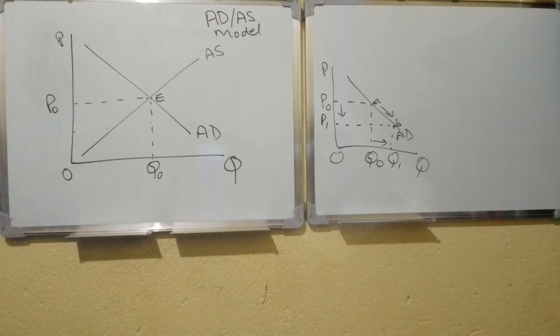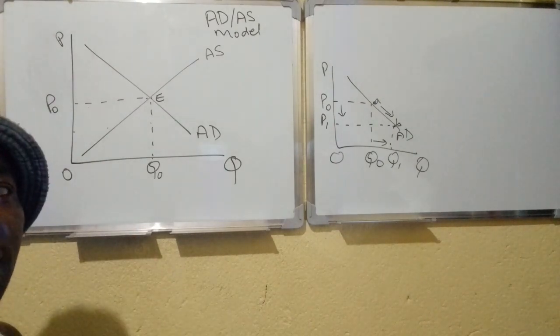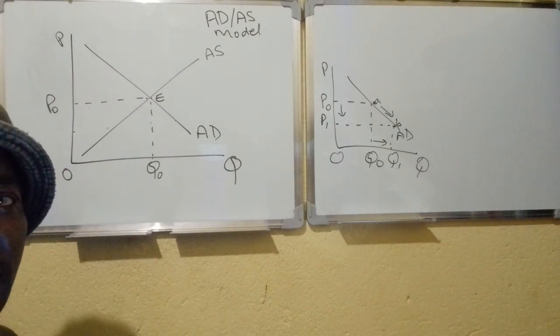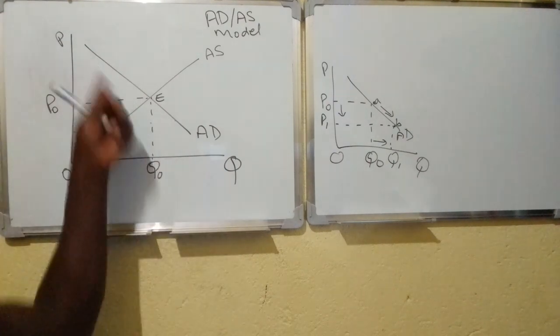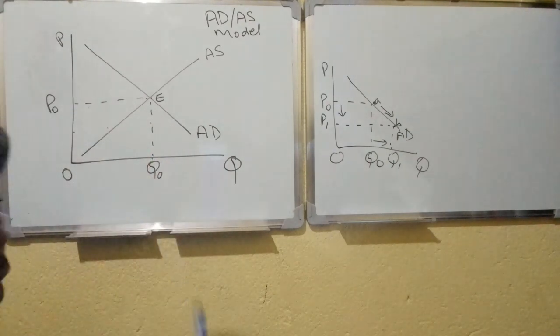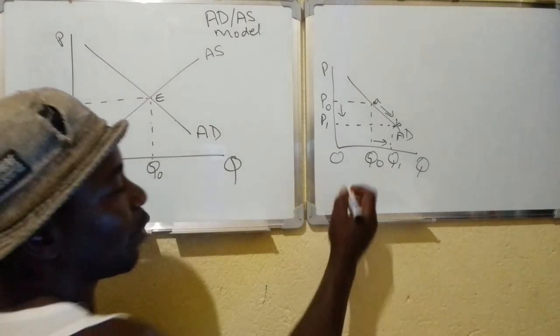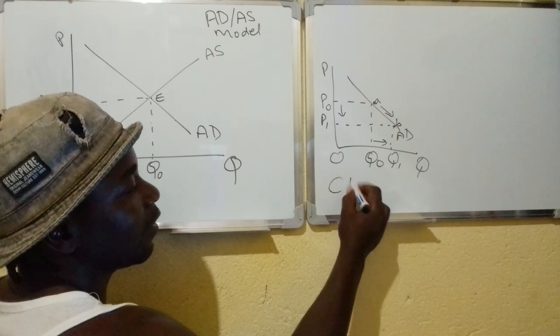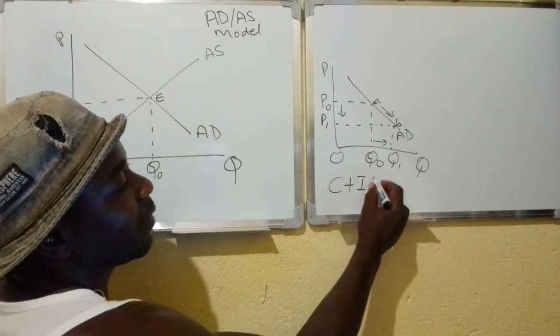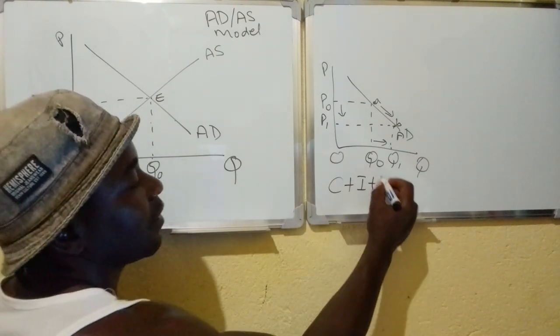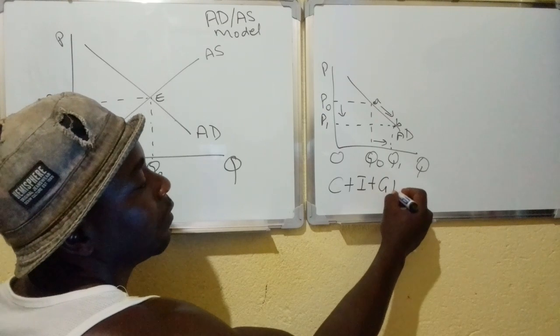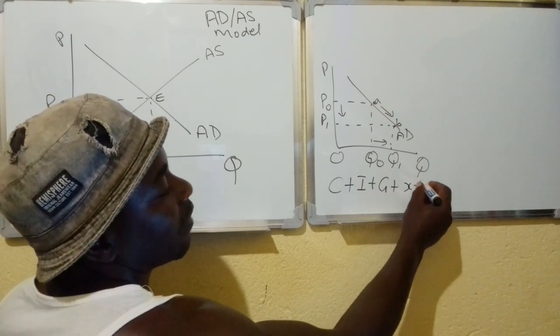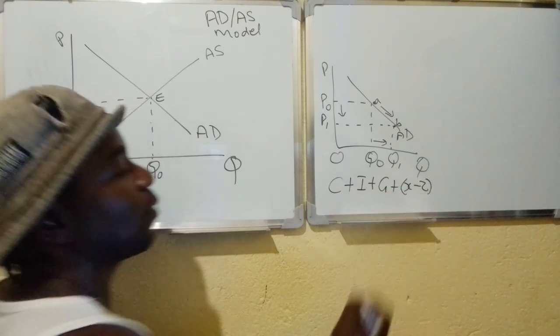Now, there are other things that affect the demand curve or the aggregate demand curve. We are back here. Those other things are these ones: aggregate expenditure items, consumption expenditure, investment expenditure, as we discussed them in the previous lesson, government expenditure, X minus Z, which is net exports.